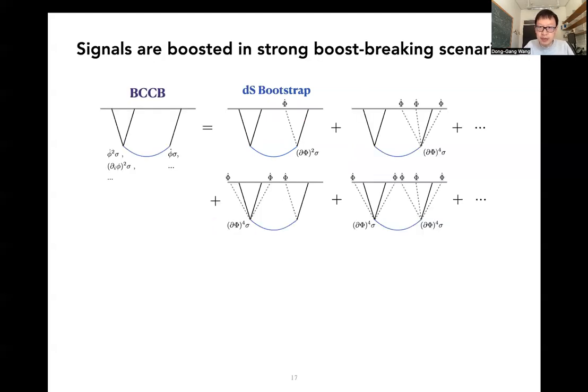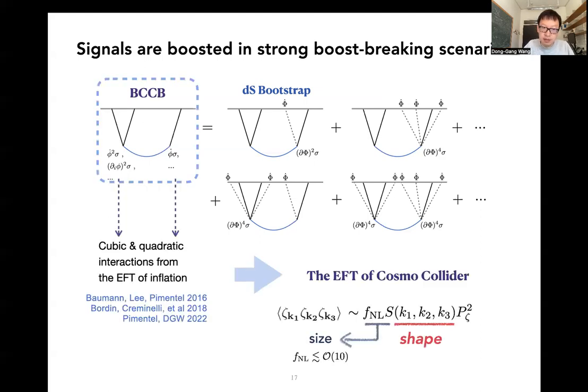Well, for the boost breaking scenario here, we are considering all the possible diagrams, including these ones with higher derivative interactions, and also various legs being put into the background. Then by summing over all of these diagrams, we found that this could be derived by the EFT of inflation, with these boost breaking cubic and quadratic interactions.